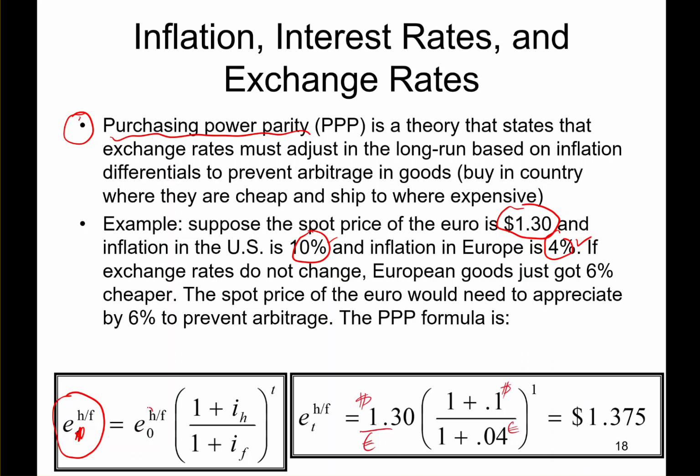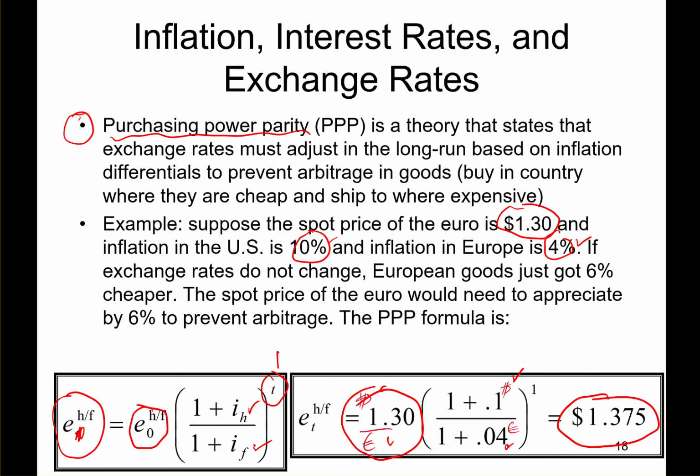It is equal to today's exchange rate times 1 plus the inflation in country H divided by 1 plus the inflation in country F, to the T power. And again, we're just doing a 1-year forecast. So today's exchange rate is $1.30. This is a dollar over euro exchange rate. Make sure you use dollar over euro inflations, and you can see the forecasted exchange rate is $1.375.